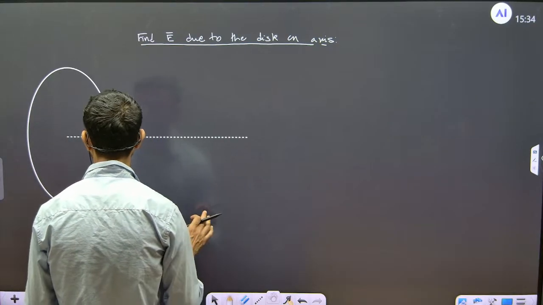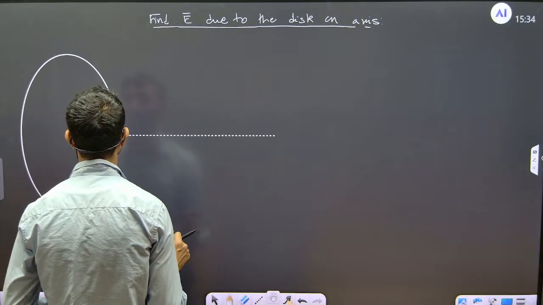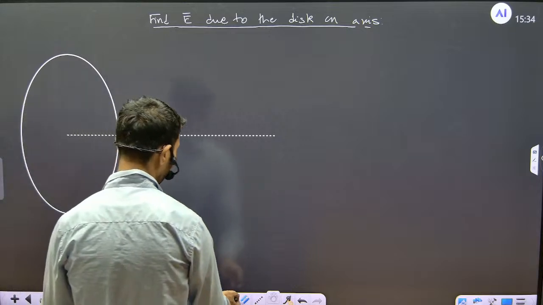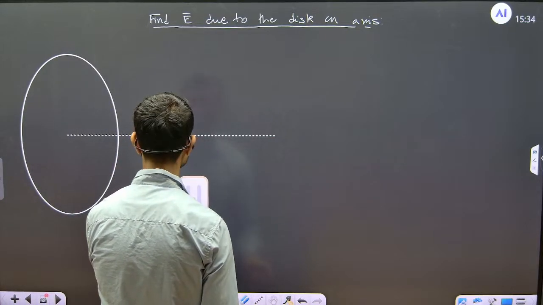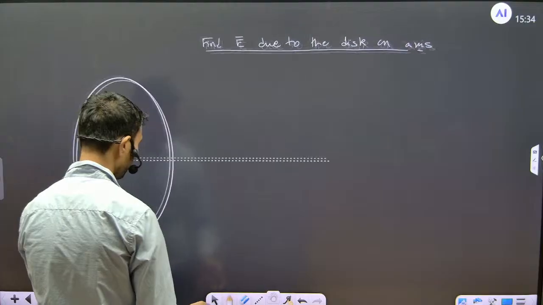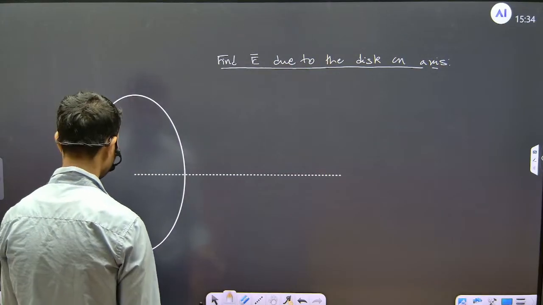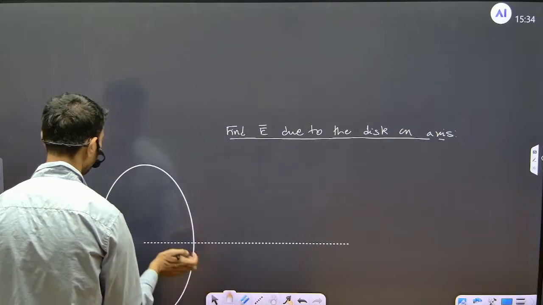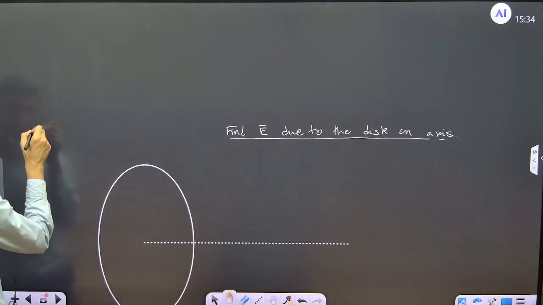So for that, we know disk is made up of, so let us write this. Disk is made up of concentric rings, right? So we can write down that note.